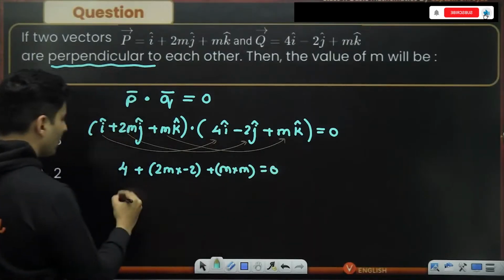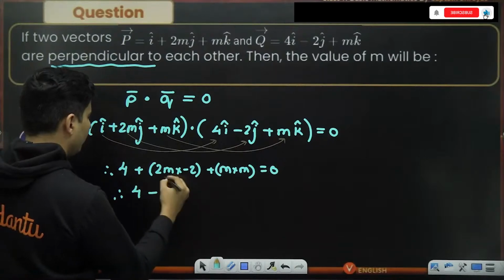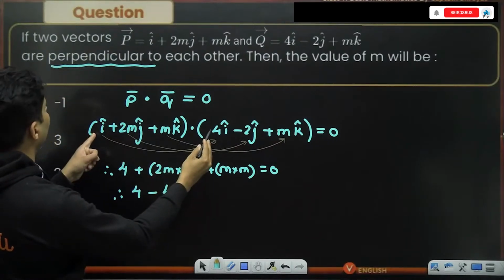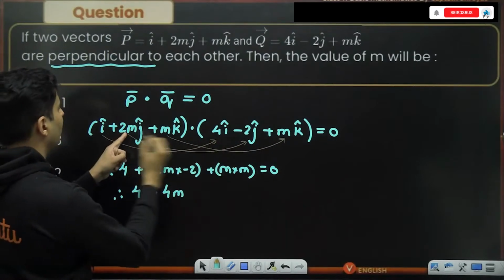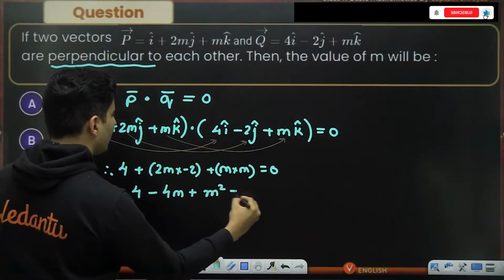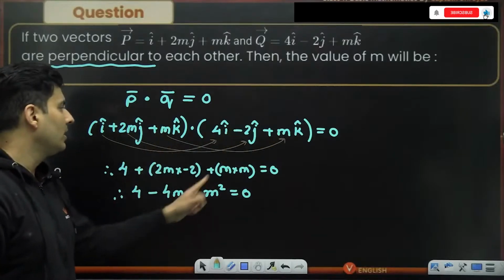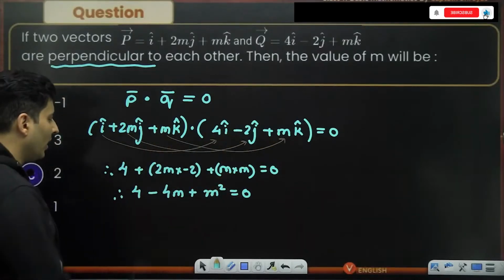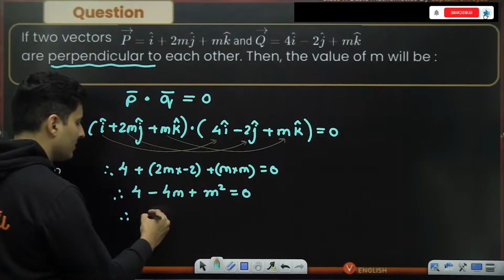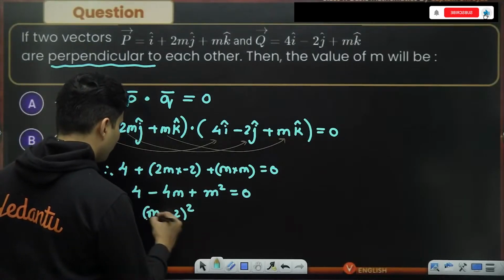So therefore, 4 minus 4m plus m square is equal to 0. M into m is m square. So what is this equation, guys? It is m minus 2 whole square equals 0.